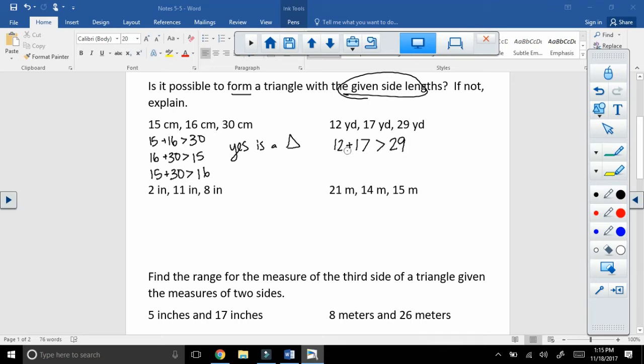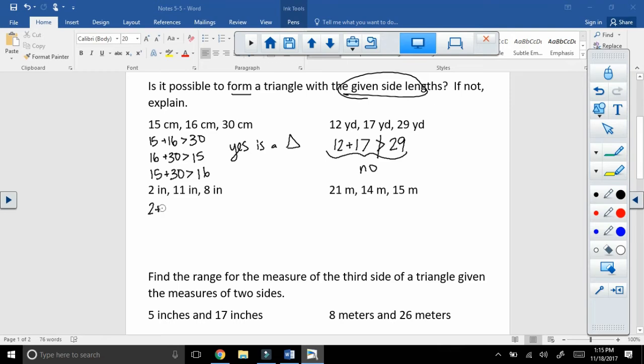So because 12 plus 17 is not greater than 29, I would say no, and this really is just my explanation showing the one thing that doesn't work. If you wanted to include the other ones, you can, but remember, it just takes one example to prove something's not true, and this would be that one instance.